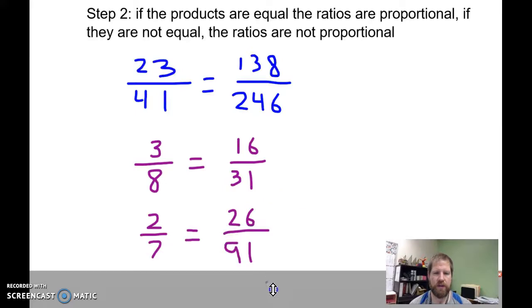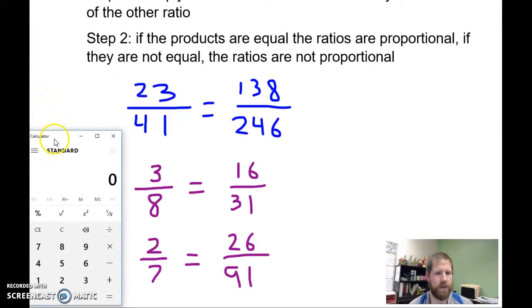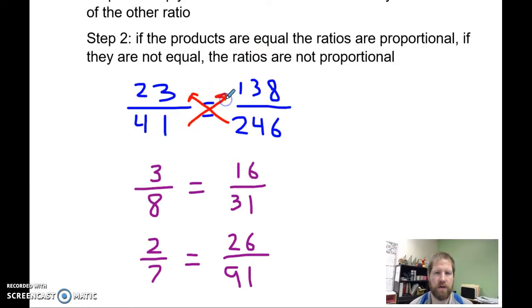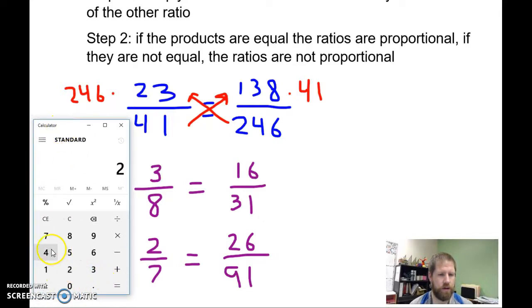So here's a couple examples. Let's go through and do these. I'm going to grab my calculator. For steps, I want to show that I'm taking the cross product, and I'm doing 246 times 23 and 41 times 138. 246 times 23 is 5,658.